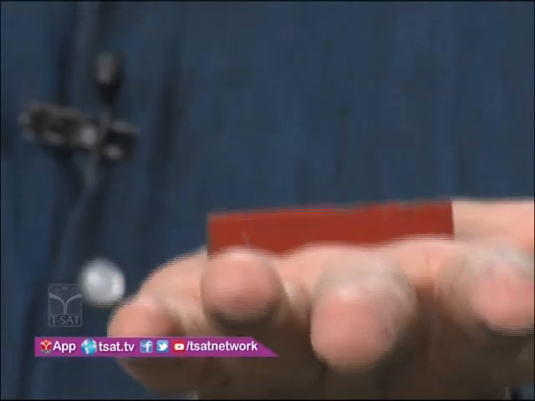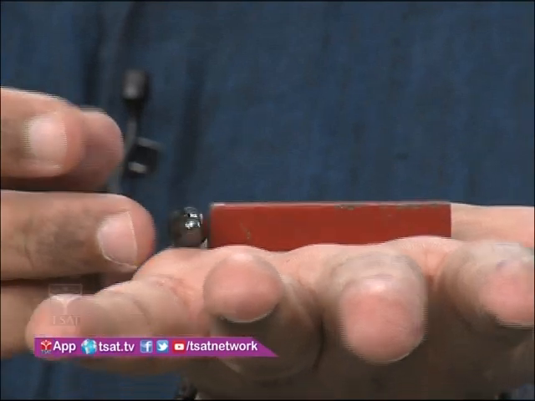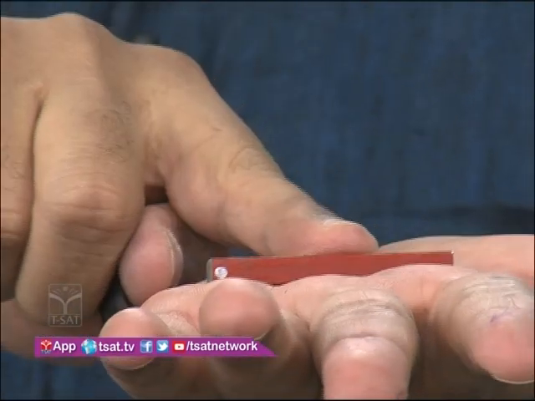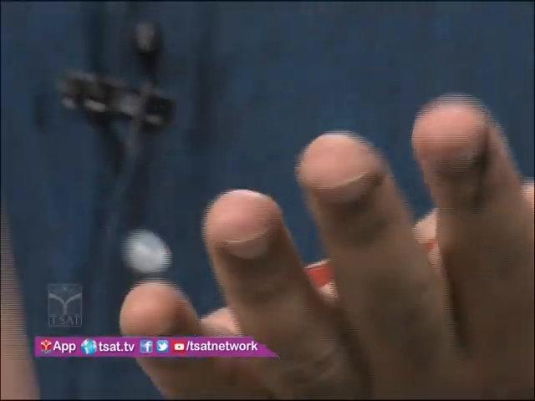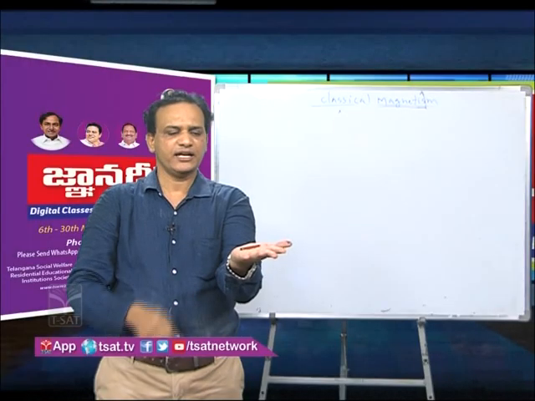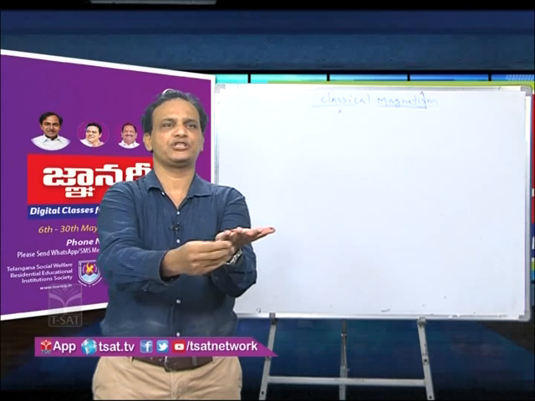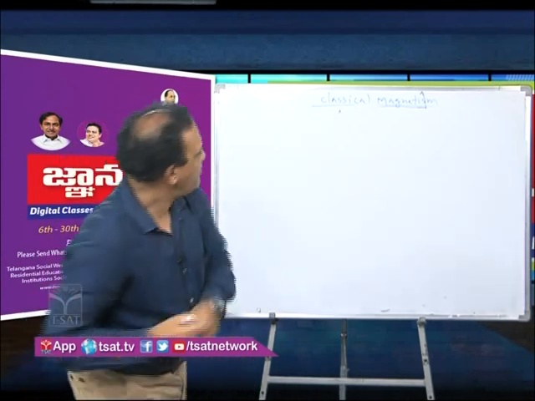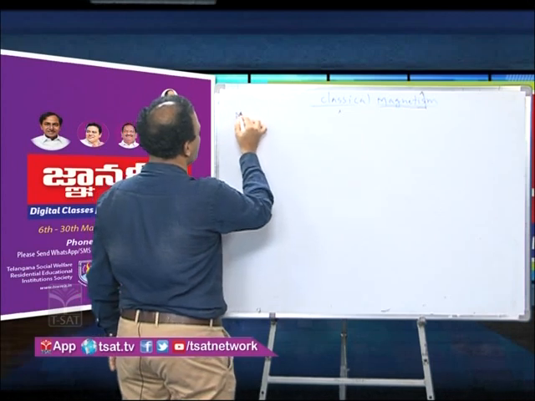No. If it is moving towards one particular point, then it attracts. That means the bar magnet has influence in one particular region. So that field is called the magnetic field. So now I am discussing that magnetic field.